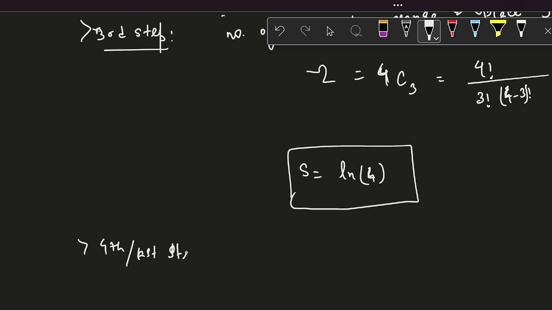And finally for the last step or fourth step, number of ways. Now you have all 4 particles, because you had already 3 particles sitting in 3 corners of the tetrahedron, and you just have to place your final particle, that is particle number 4.